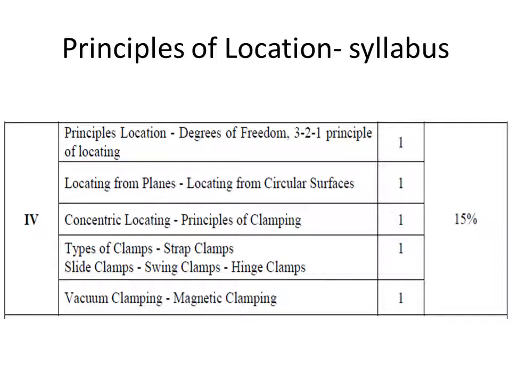And this fourth module, which is principles of location, is a totally different type of activity, which is mainly intended for machining of components. First three modules are concerned with making of parts through various methods, that is casting, rolling and forging.